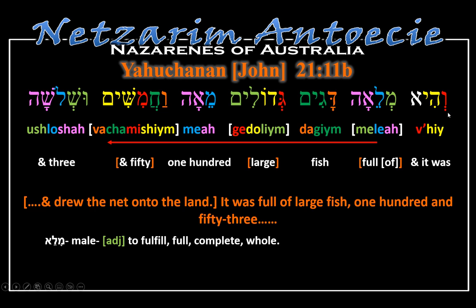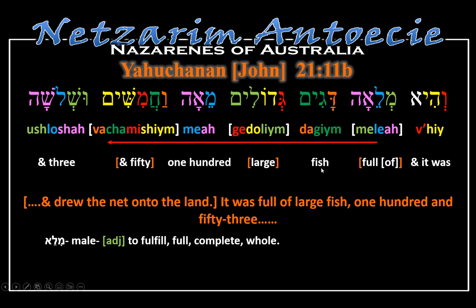So now let's read it. The he, and it was Me'le'ah, full of. So how do we get that? Comes from the root word Malay. As an adjective, it means to fulfill, full, complete, whole. So full of, I've added.